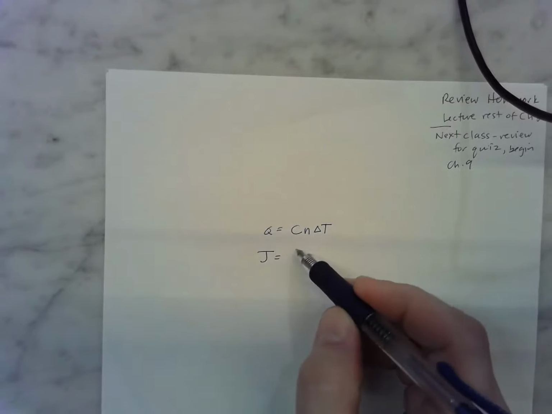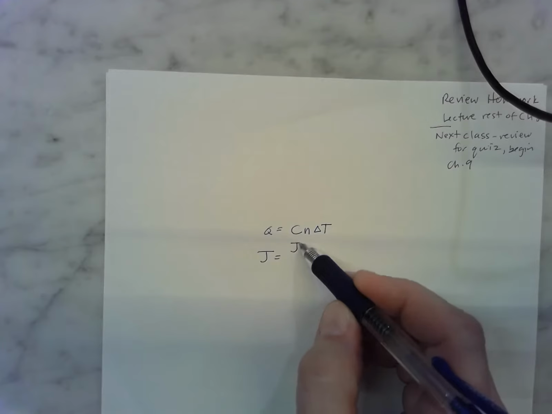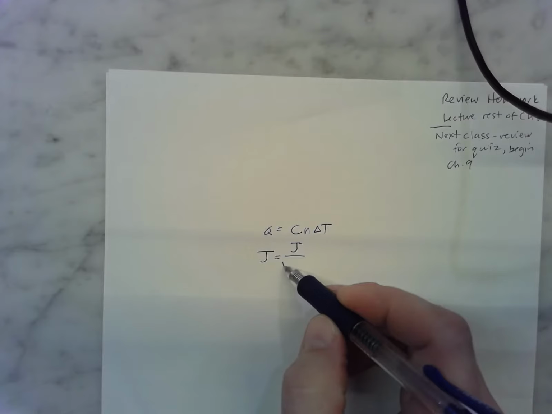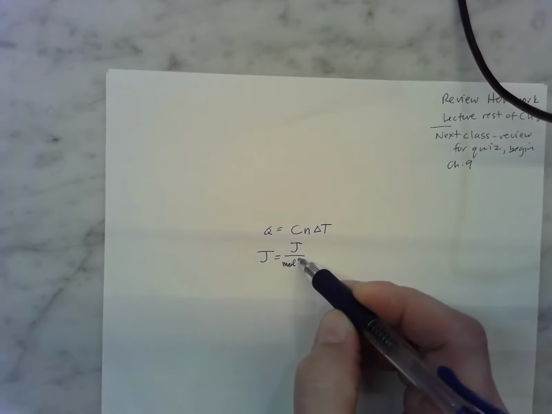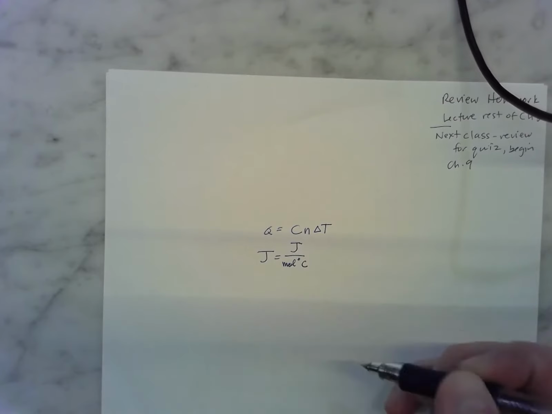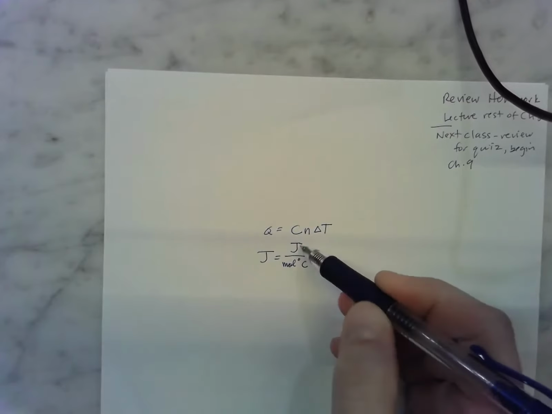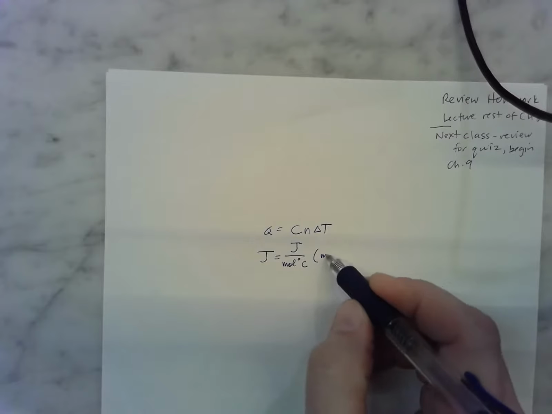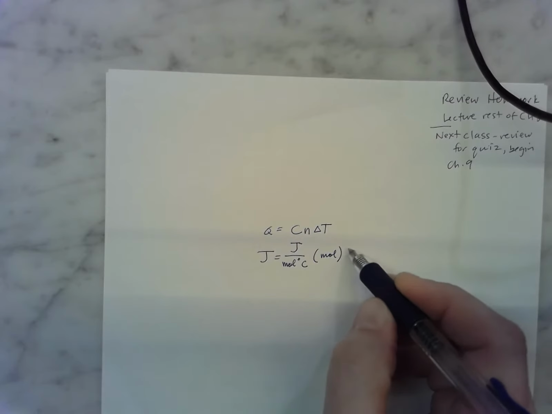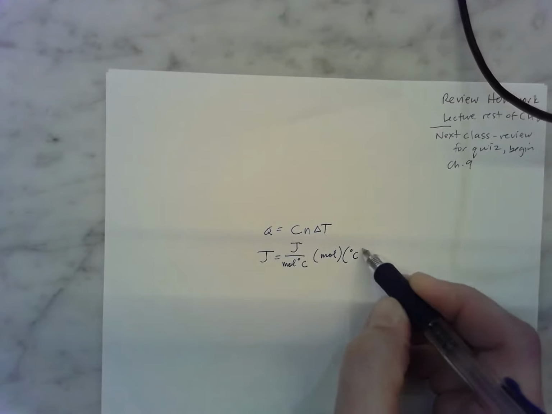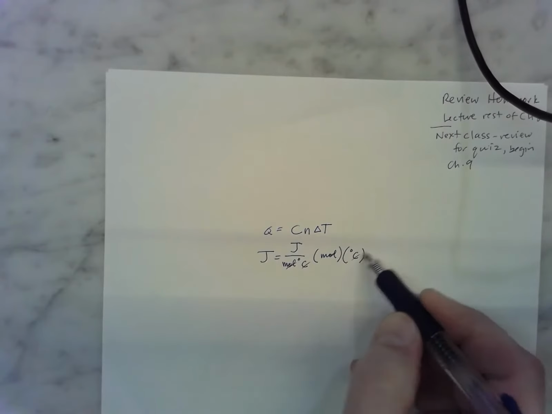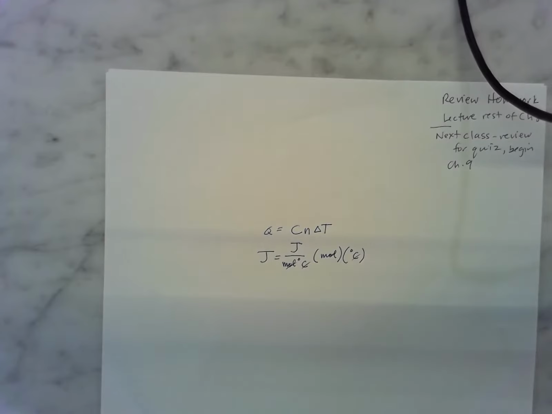And C is joules per mole per degree C that it changes. Times N is just moles, because it's the number of moles. And then delta T is degrees C. So what happens? Moles, moles, C, C. Good. Our units work.